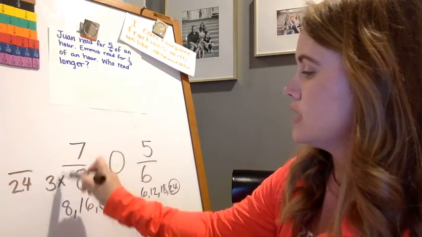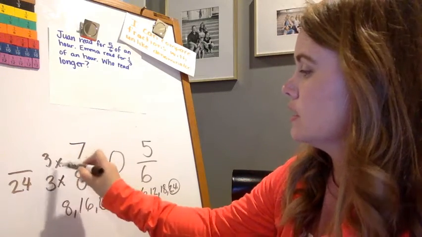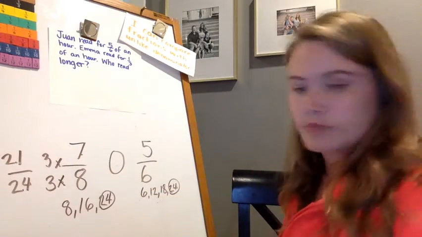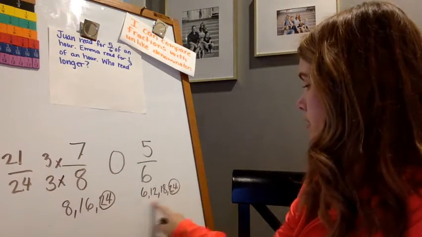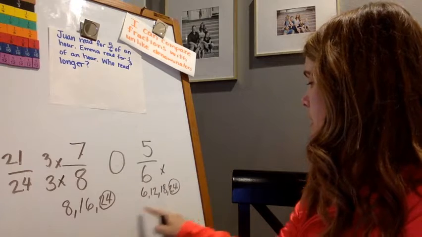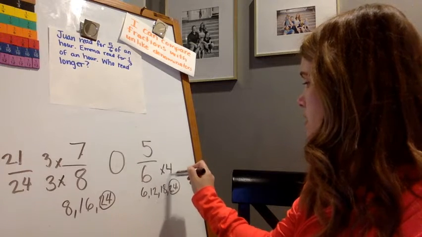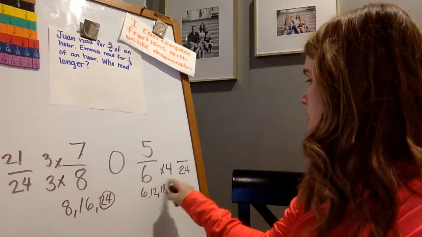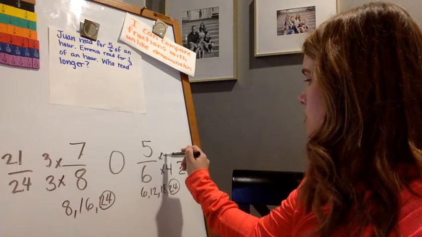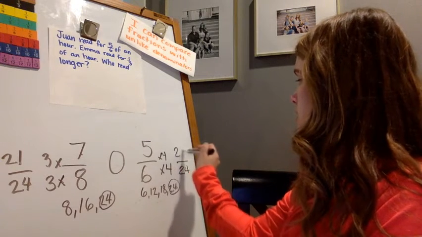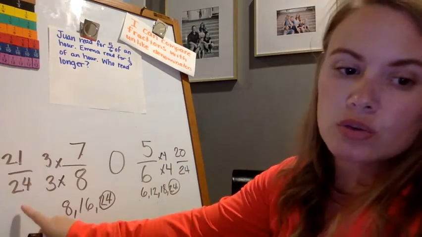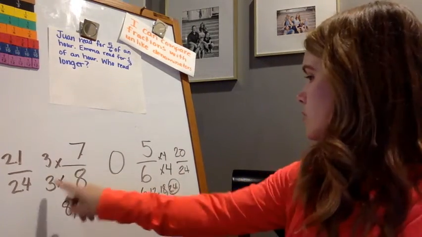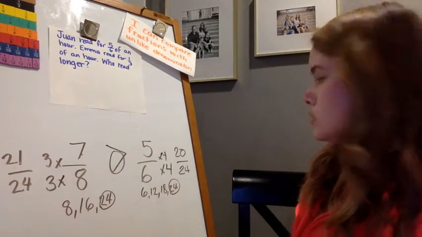And whatever I do to the denominator, I do to the numerator. 7 times 3 is 21. So then I come over here and I went over 4 times. Whatever I do to the denominator, I'm going to do to the numerator, and I get 20. That's a close call.